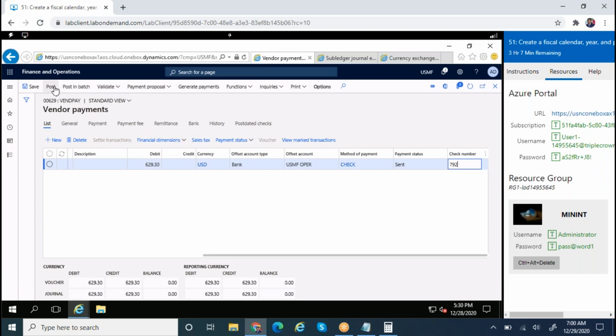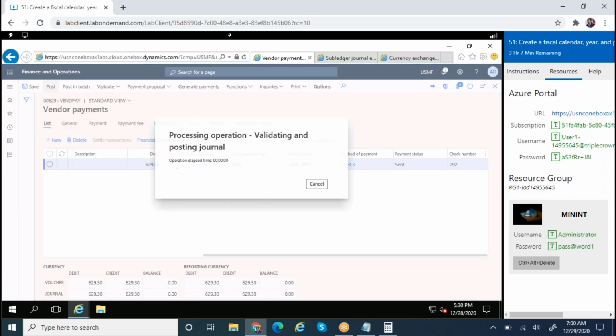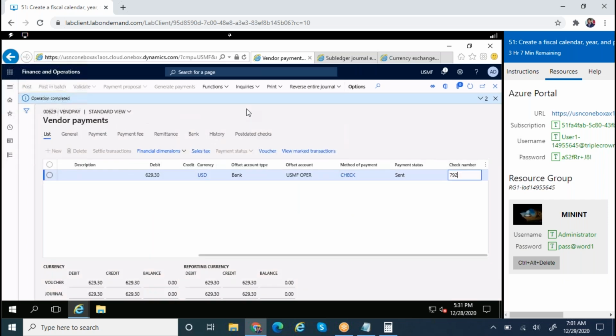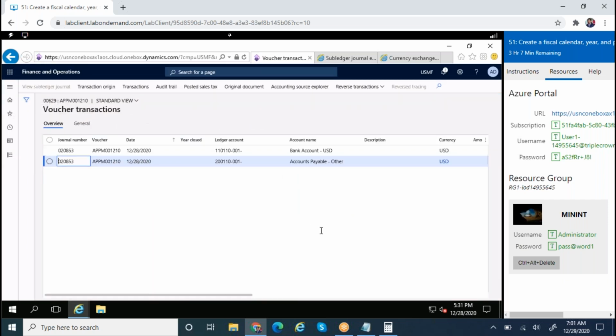Now if you post, the voucher will be updated. If you look at the voucher, you are going to pay only 629.30 only.